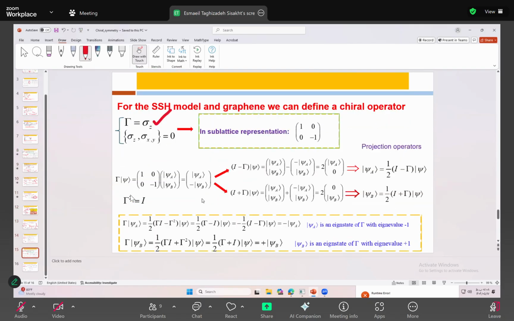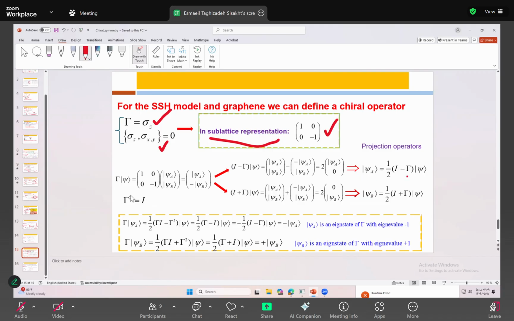So here, if I define the gamma operator like this one, and think about the anti-commutation relation as this, and then instead of the chiral representation, I have a sublattice representation, explicitly writing this Pauli matrix as this one, then the effect of this operator on each component of the eigenstate, the contribution of the A sublattice and B sublattice, will be very similar to what we had in the quantum field theory procedure.